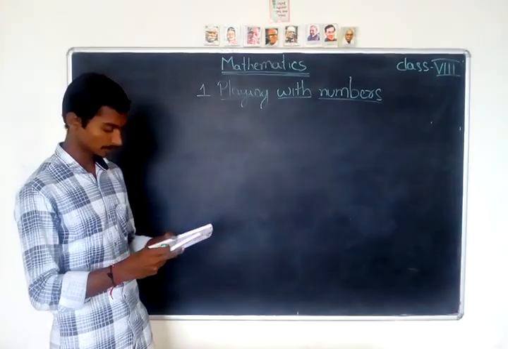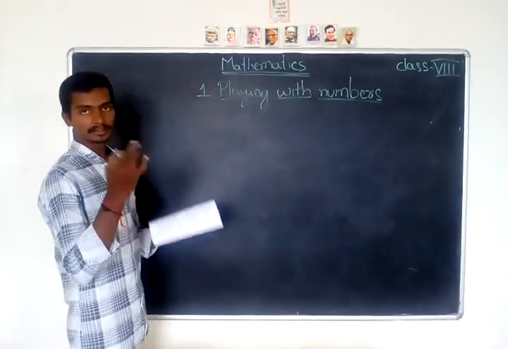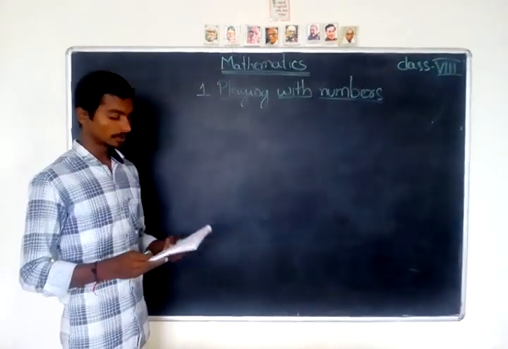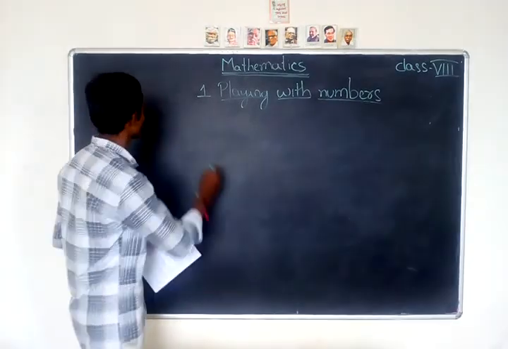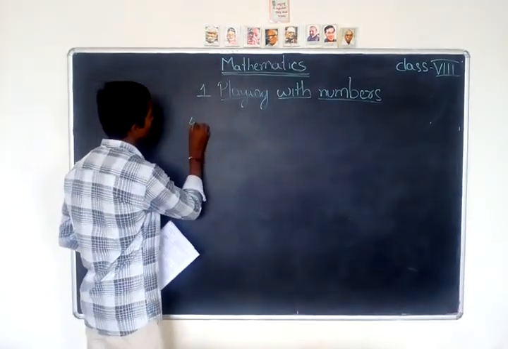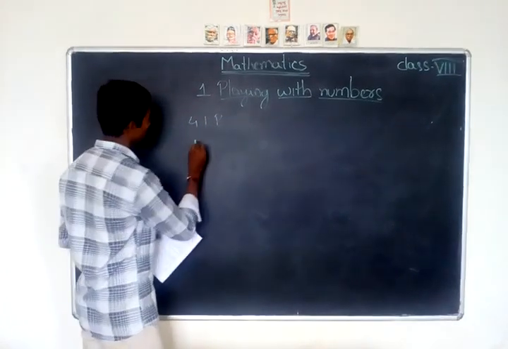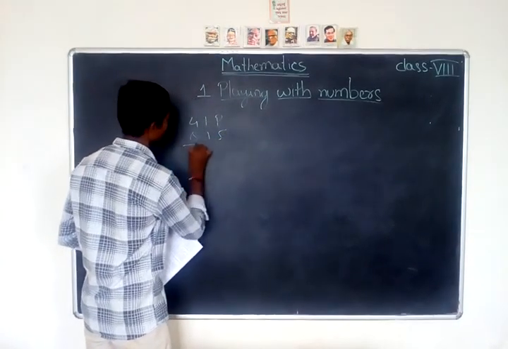Let me take an example. Okay, there are two numbers given and their addition is also given, the answer is also given. Now, what will we do? We will find the value of the alphabets. This is 4-1-P, Q-1-5.